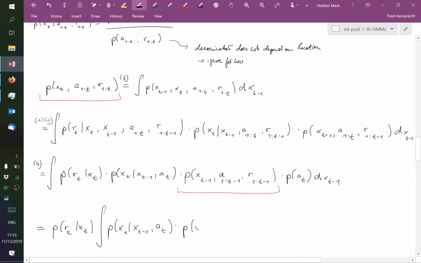The third term. So these are the only terms that depend on xt minus 1 at all, and the others I have pulled out of the integral.